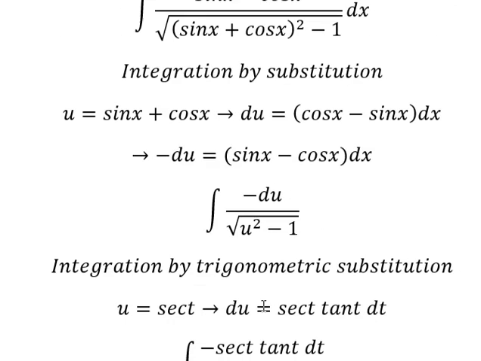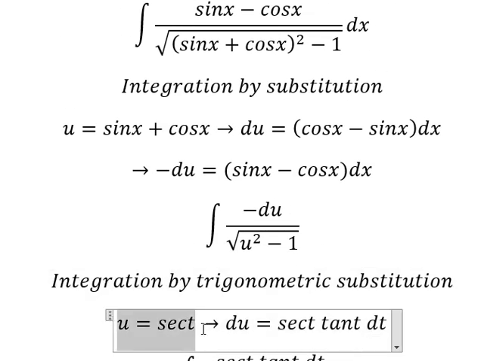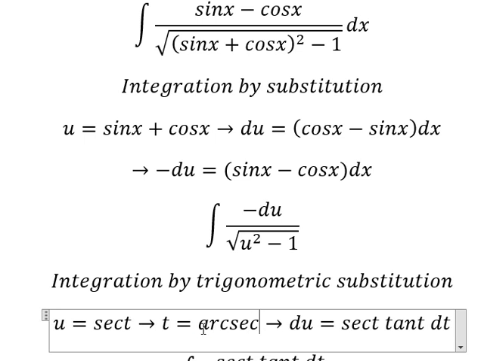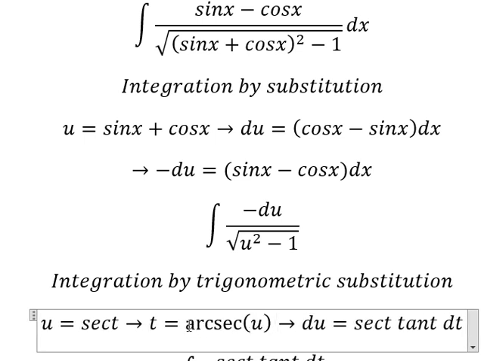About t, that is this one. So we have t equal to arcsec u. So I will put this one to change for t.